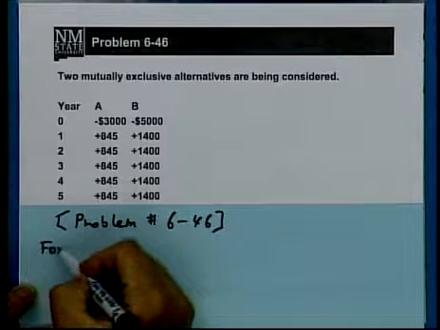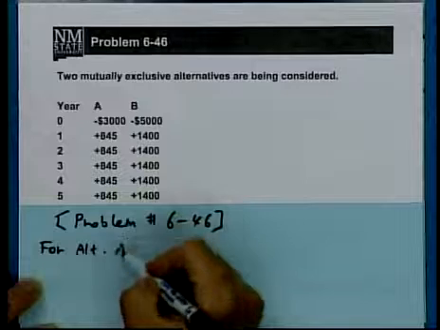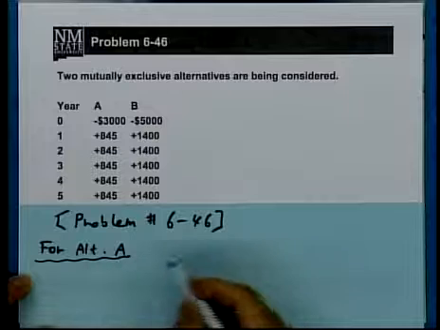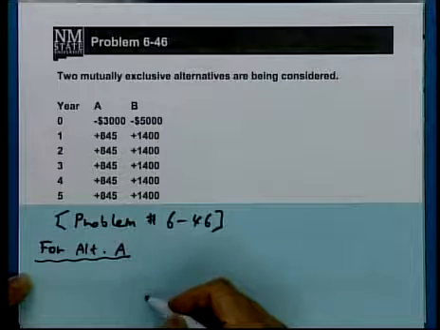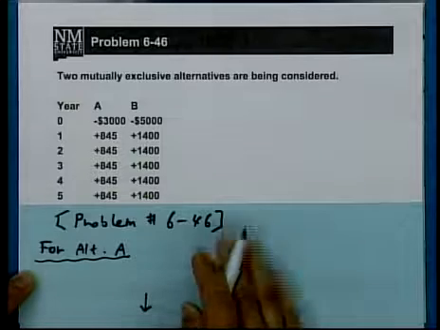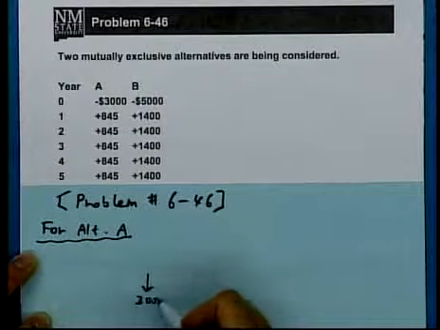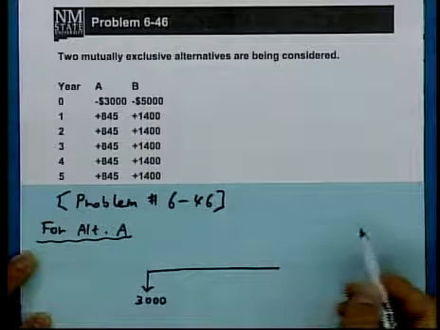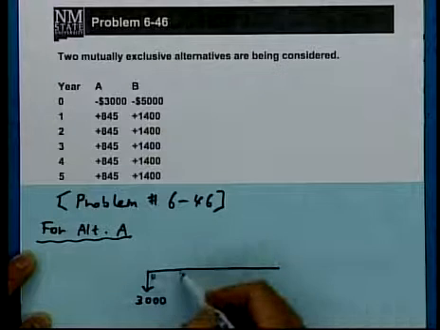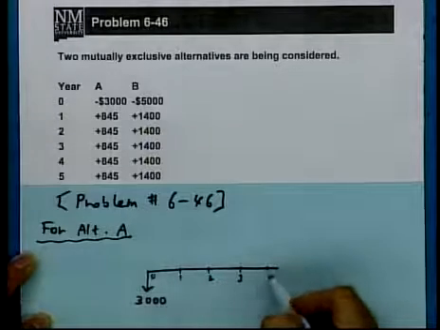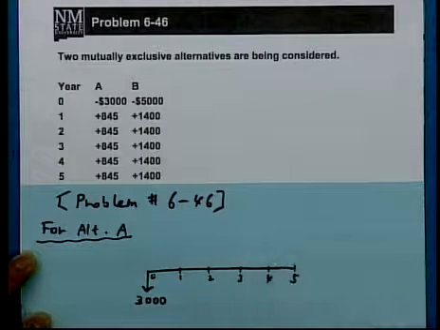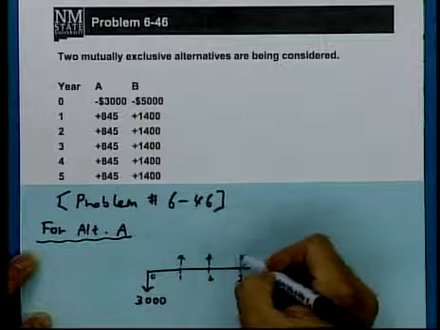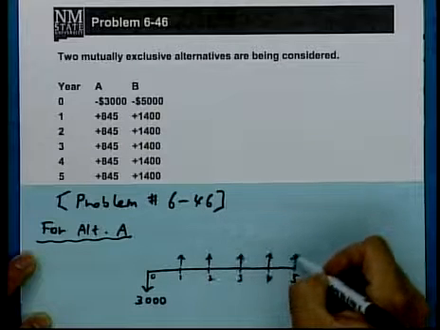For alternative A, the initial cost of $3,000 is required, and then over the next 5 periods, there is an annual benefit of $845.